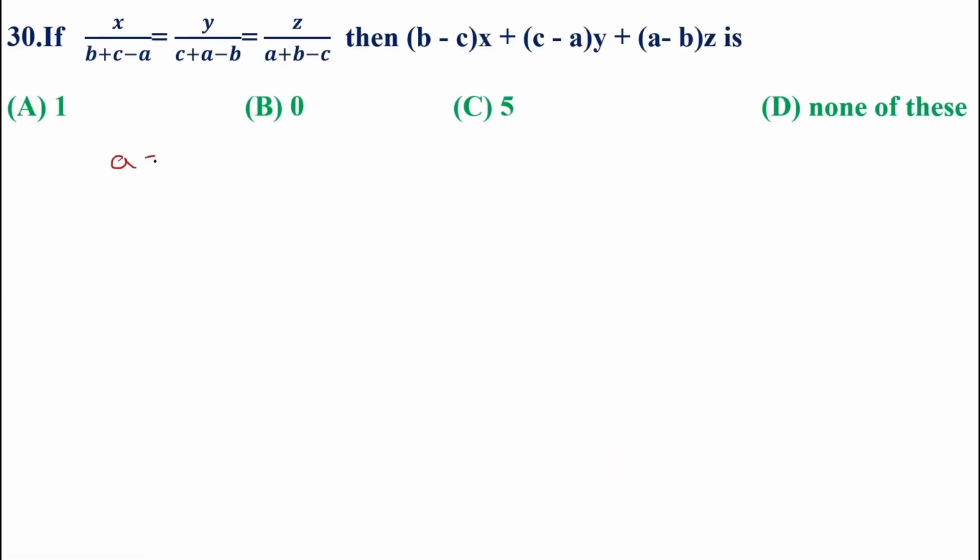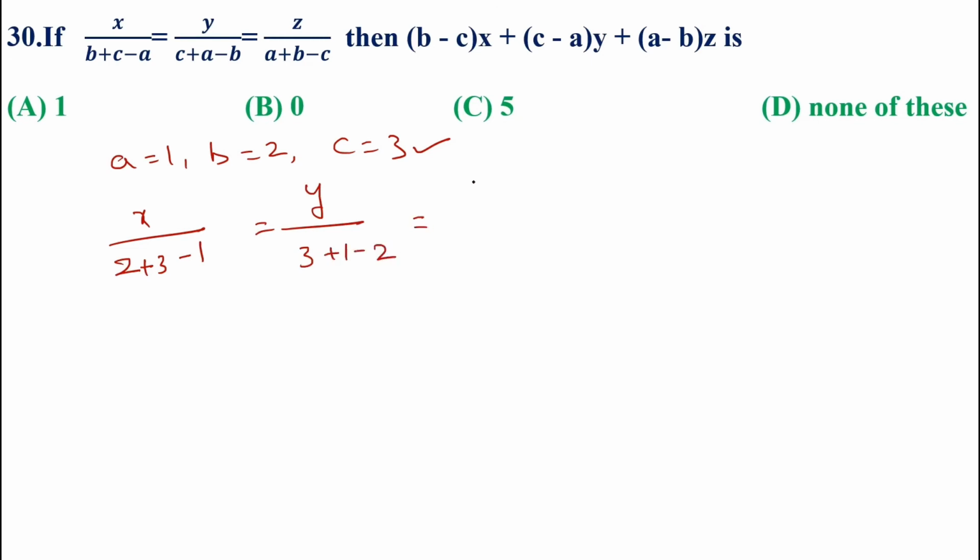Assume A is equal to 1, B is equal to 2 and C is equal to 3. Then do this. You will get an answer. So this will become x by 2 plus 3 minus 1 is equal to y by 3 plus 1 minus 2 is equal to z by 1 plus 2 minus 3.